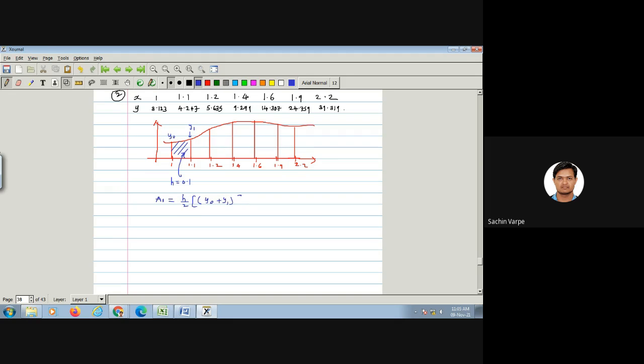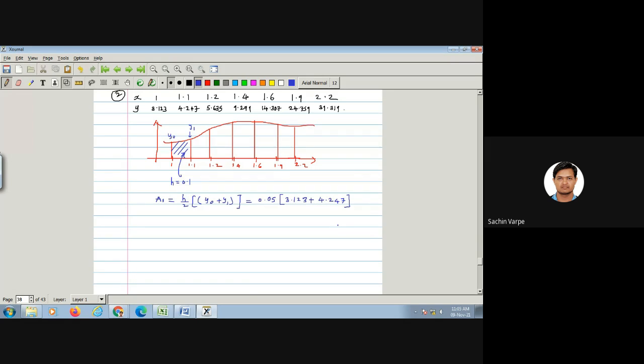Is this clear? So what is area A1 then? H is 0.1, so 0.1 upon 2 will be 0.05 into y0, which is 3.123, plus y1, that is 4.247.